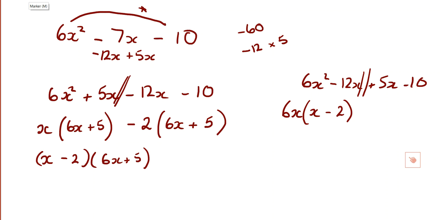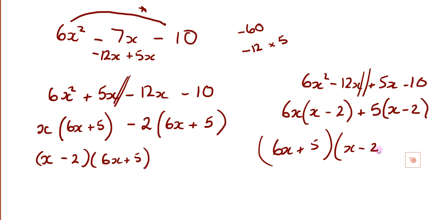I want to factorise it fully. If I put 3x, I'd be left with another factor that could still come out. Now it would be plus 5 lots of x minus 2. So I just end up with the other one in the brackets. Interesting. Yeah? So it doesn't matter which way round I do it. So I still end up with 6x plus 5, x minus 2.